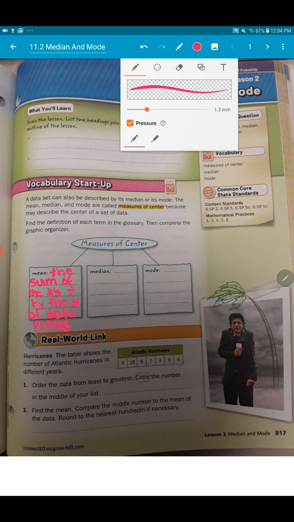So mean, remember, I kind of like to think of mean as the average. So I'm just going to write that.